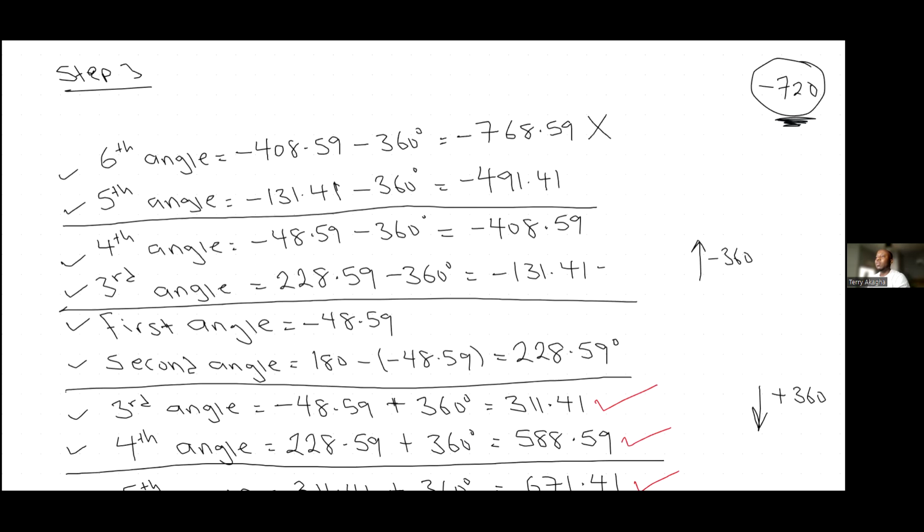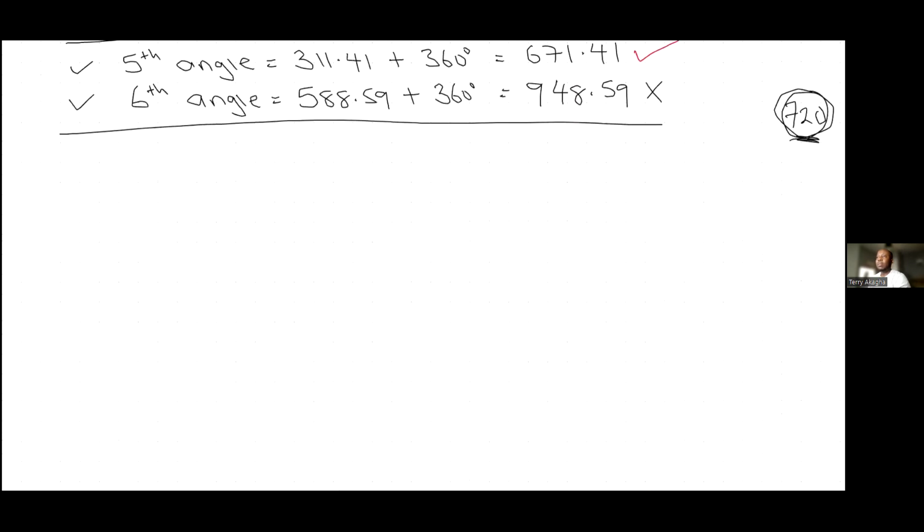So now we can say the answers that will be here will be minus 491.41, minus 408.59, minus 131.41, and definitely our first and our second angles. So all this now will be the solutions for this graph.